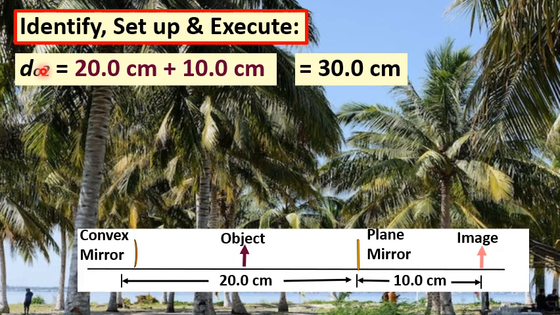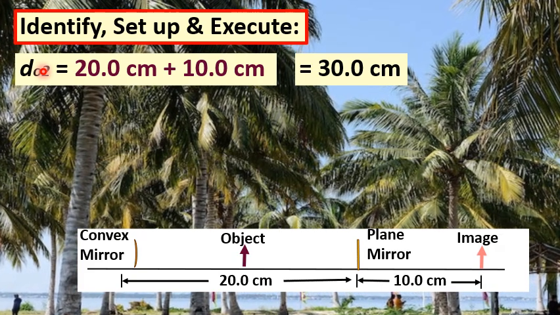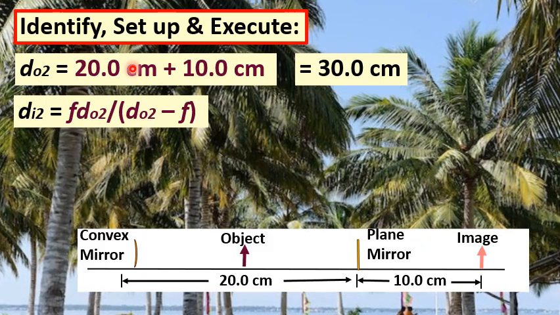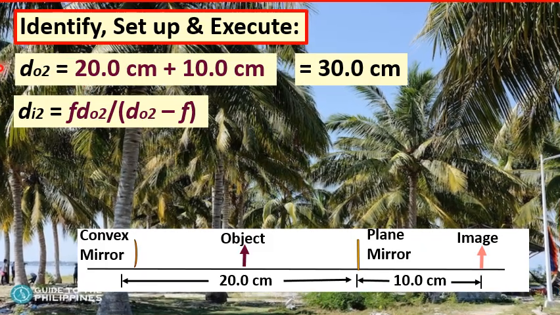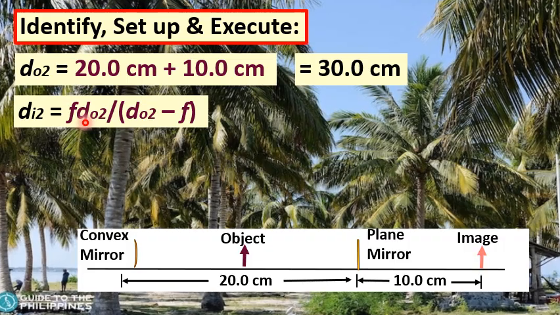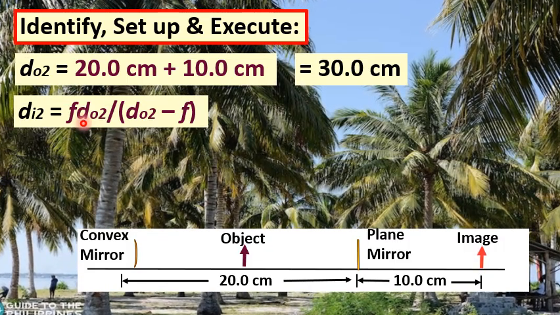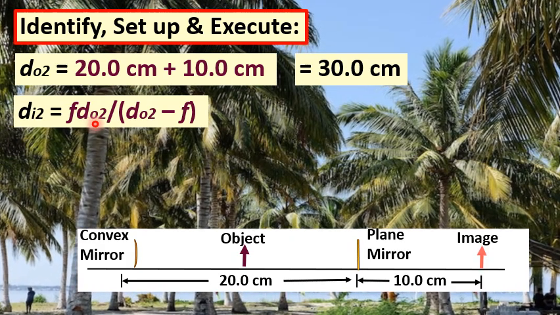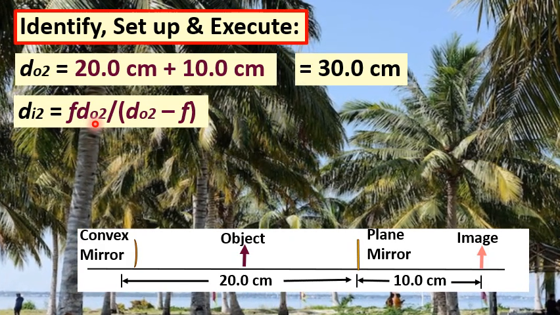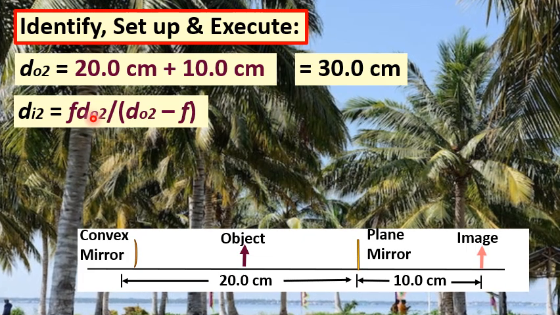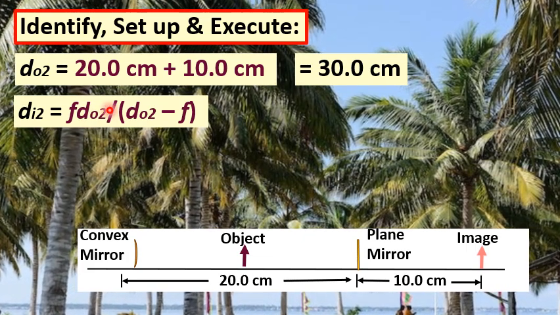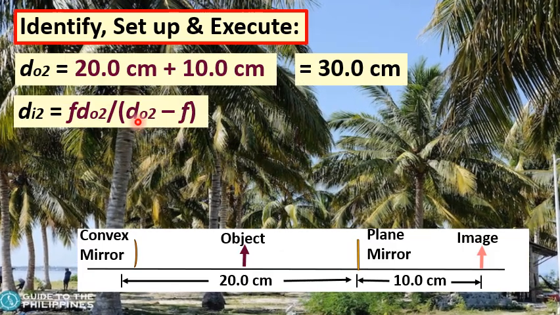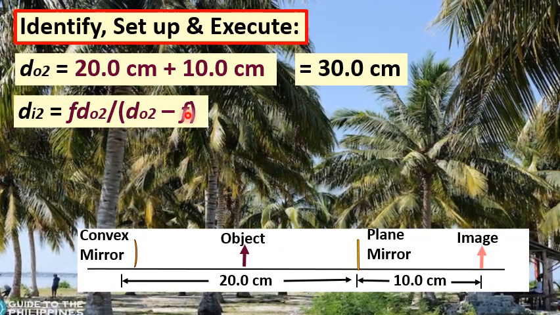To find the image distance d sub I2, again, we use the derived formula of the mirror equation. That is, d sub I2 equals the product of the focal length f and the object distance number 2, or d sub O2, divided by the quantity d sub O2 minus the focal length f.